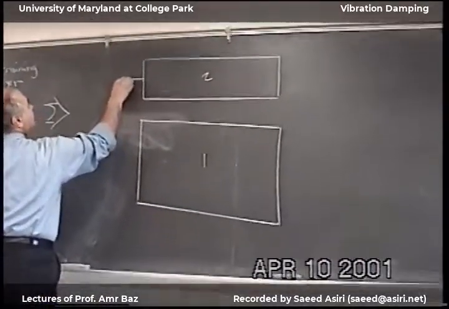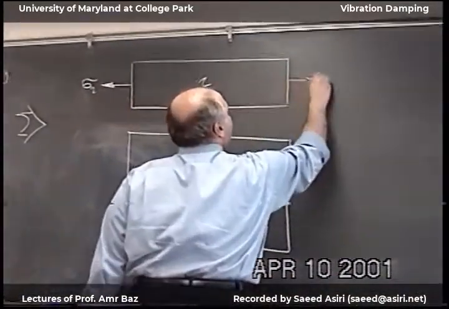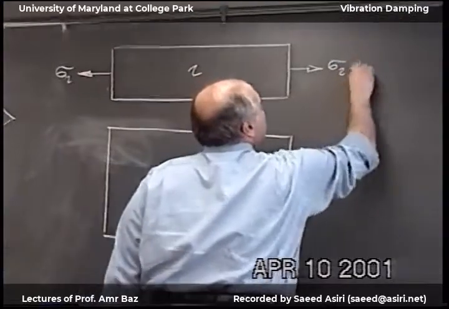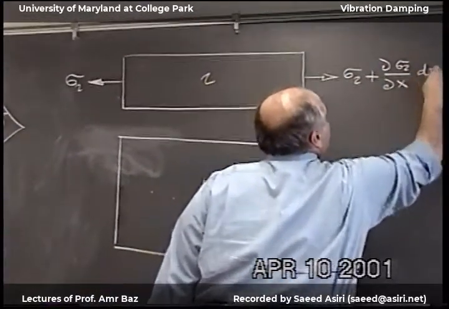Here we have stress, sigma 2, and then in the positive axis we'll have sigma 2 plus partial sigma 2, partial x, dx.